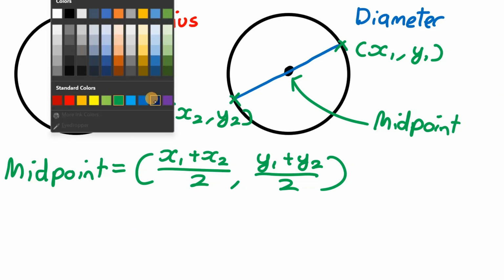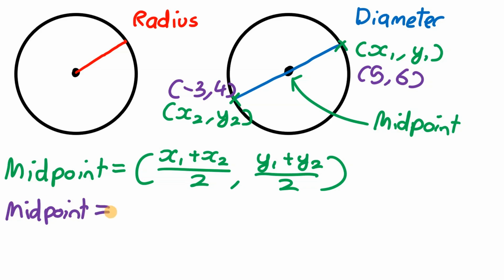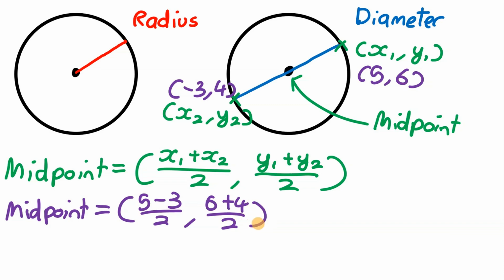So let's, for example, let's say that this point here is 5, 6, and let's say that this point here, the x2, y2, is minus 3, 4. So the midpoint is equal to x1, which is 5, plus x2, which is minus 3, so it's going to be plus minus 3, so it's going to be minus 3 like this here, over 2, and then this is going to be y1 plus y2, so 6 plus 4 over 2 like this here.